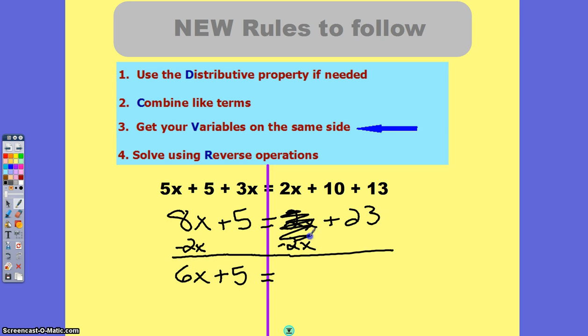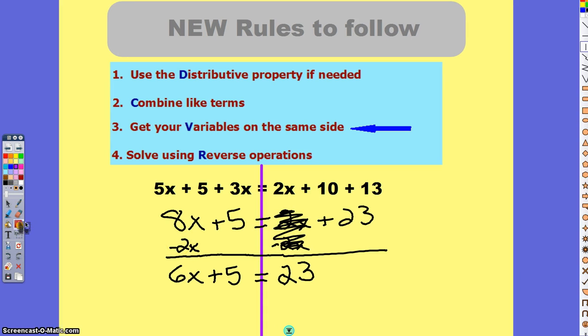My x's went away, and I'm just left with a positive 23. Now my x's are all on the same side, and we can go through our normal algebra steps to solve for x.